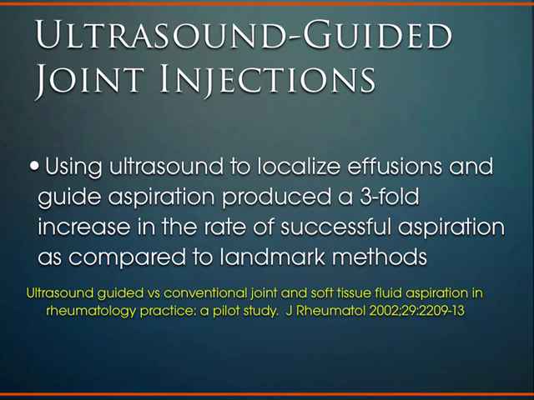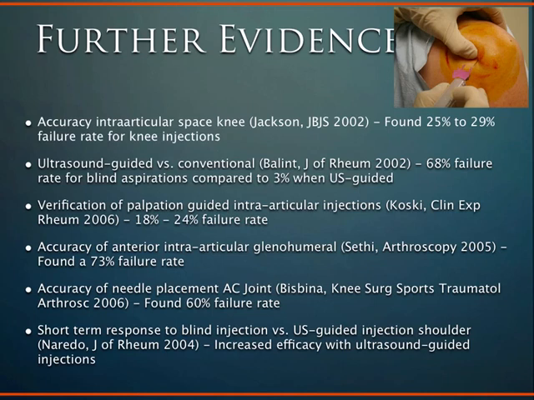What we'll start to see more of, and what's already in the literature, is that ultrasound guidance versus our traditional surface anatomy or blind injections is much, much more accurate. There's a lot of literature out there, and it's growing, on how inaccurate we are with our blind injections, and some of these numbers are staggering. Down at the bottom, a 60% failure rate, a 73% failure rate.